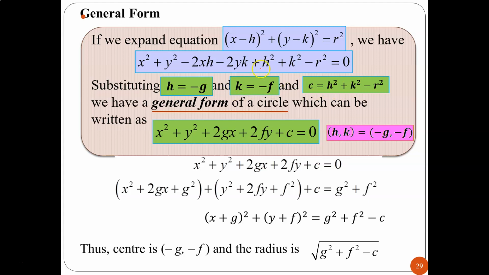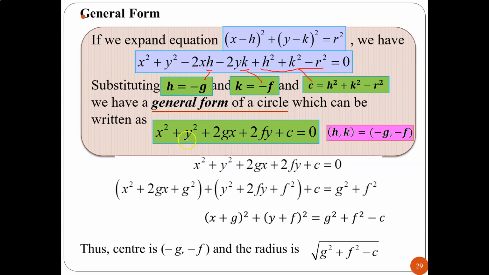Okay, you have c over here, h square plus k square minus r square. So this is your c. This is your c. And your h over here and your k over here, you're going to substitute it with this one. So you will have a new form of equation which is a general form.